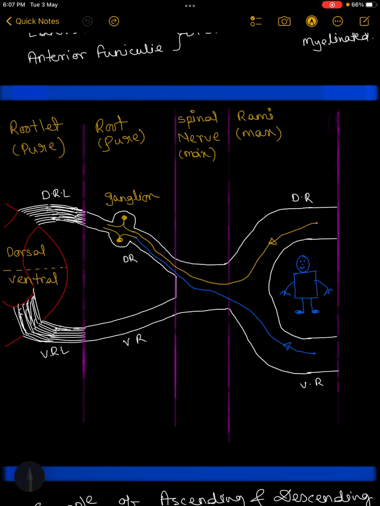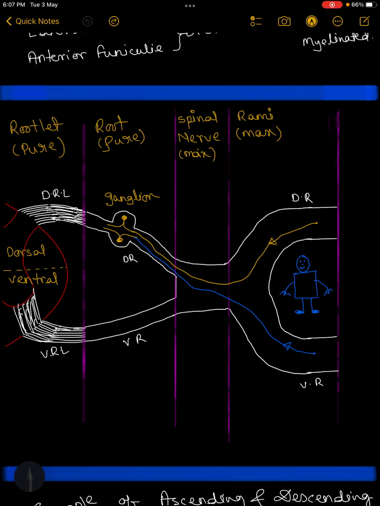Now, the second part is the root. This rootlet will fuse and form this root. Again, we have a dorsal root and a ventral root, and these roots are pure because dorsal will only carry the sensory information and ventral will carry only the motor information.